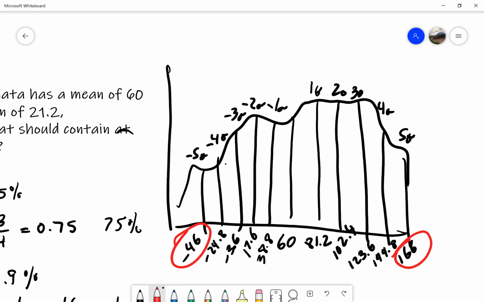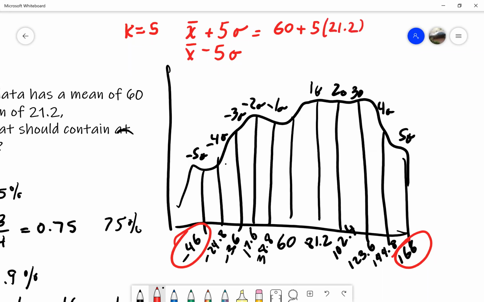But there was an easier way to do this. Because when you figured out that at k equals 5 you had 96%, all you had to do was take x bar plus 5 sigma and x bar minus 5 sigma. That would have been 60 plus 5 times 21.2 and 60 minus 5 times 21.2. If you do that arithmetic, you get the same answers.